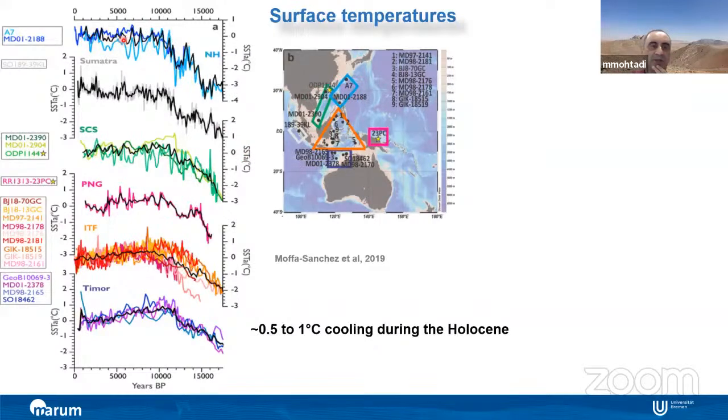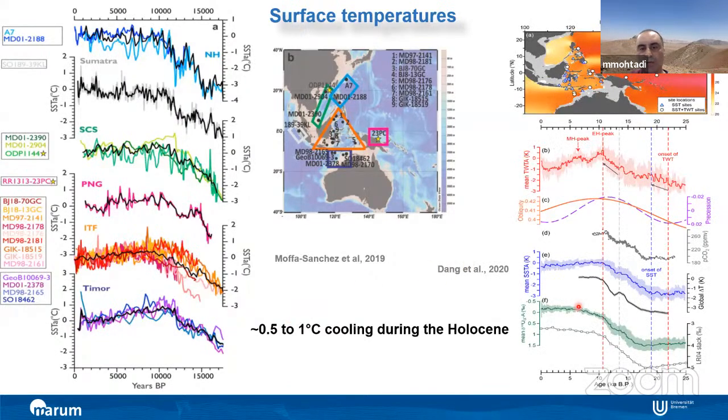These are from what we called the Northern Hemisphere sites, from Sumatra or from the South China Sea. But the more southern sites, from Papua New Guinea, along the ITF path, or in the Timor Sea, show about 1 degree cooling over the course of the Holocene.